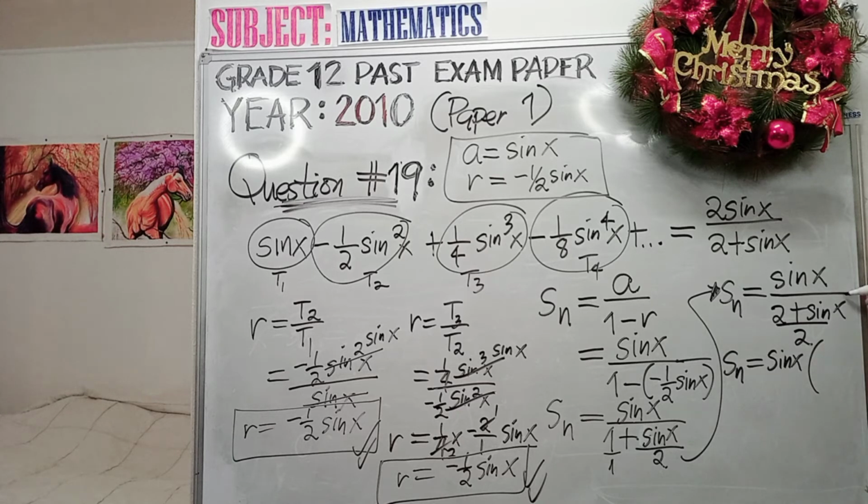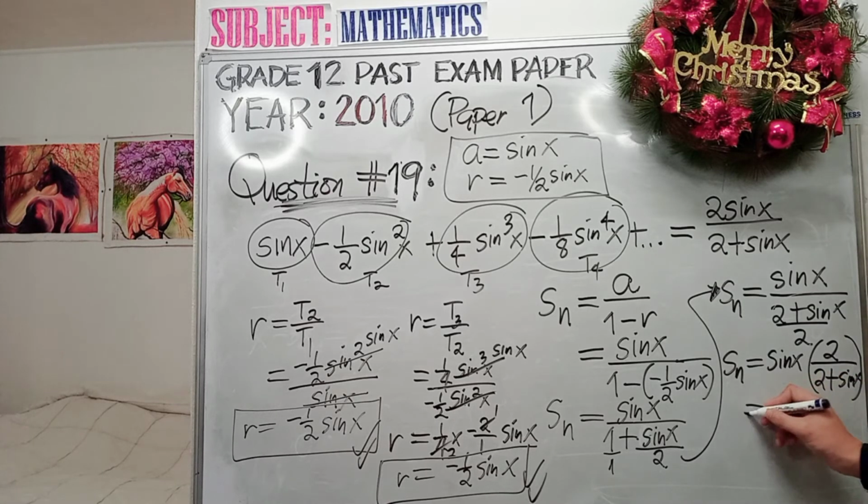multiplied by, this one is the vinculum, and this is the expression. So this expression is a fraction form. So if you want to divide it by here, okay, this one divided by this fraction, we need to get the reciprocal of the second fraction so that we can use multiplication. So we have 2 all over 2 plus sine x.